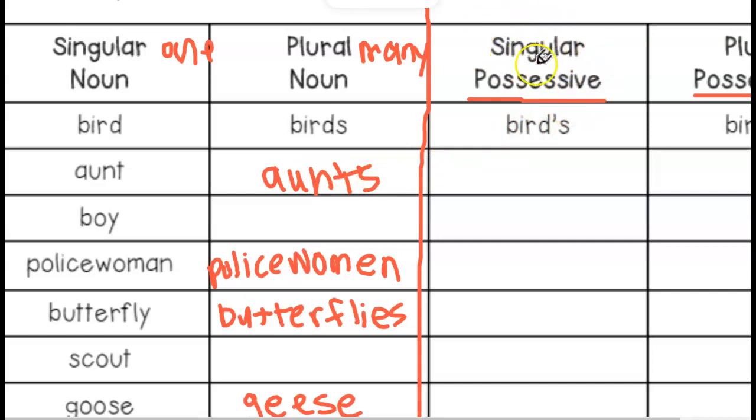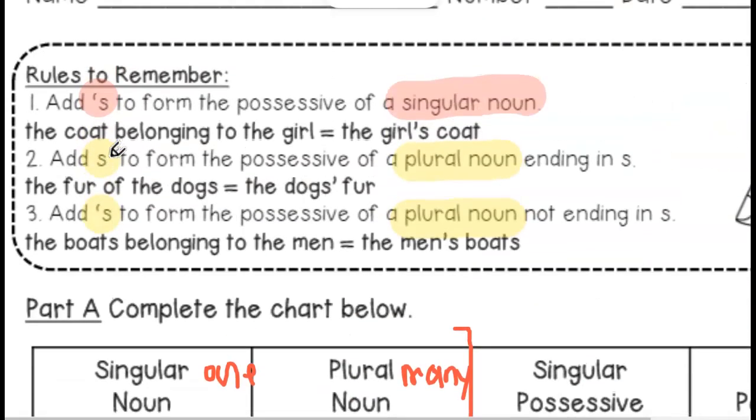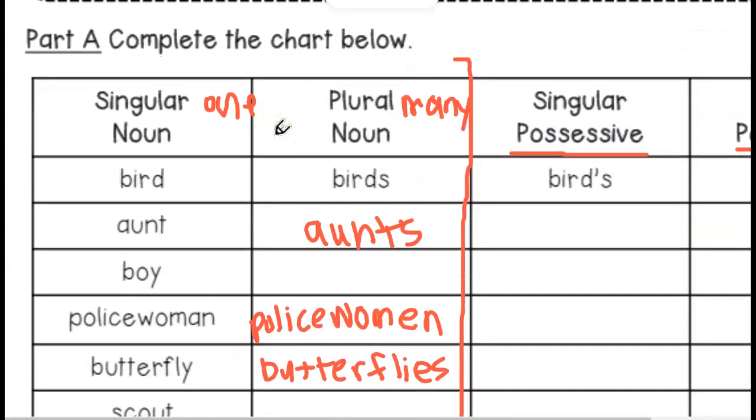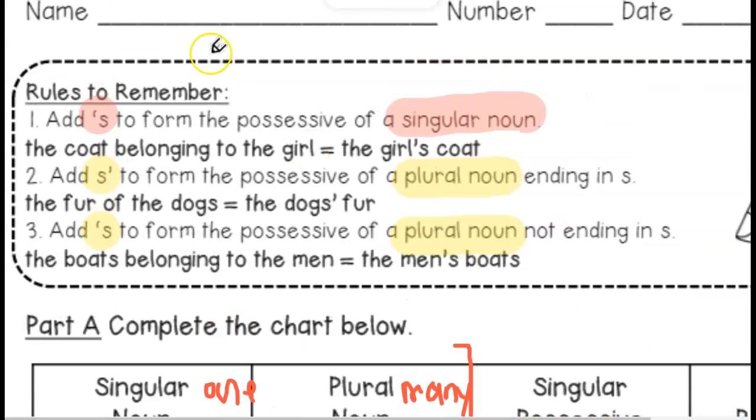We're looking at singular. So I have one ant, and it says at the top that if it is a singular noun, I add an apostrophe S. Ant's, it's singular. Now there's only one rule for singular, so this should be a very easy column.